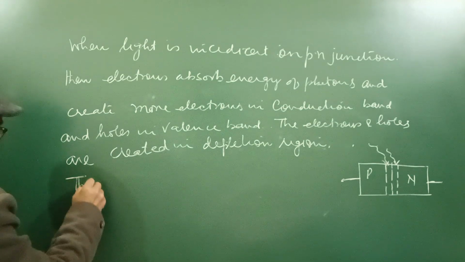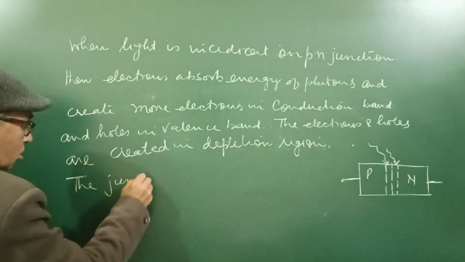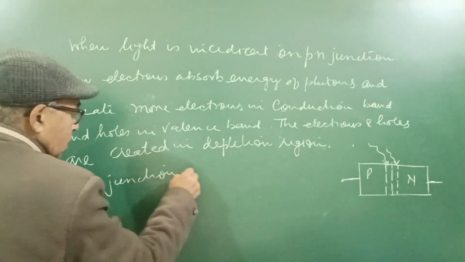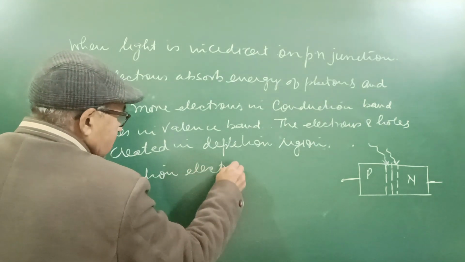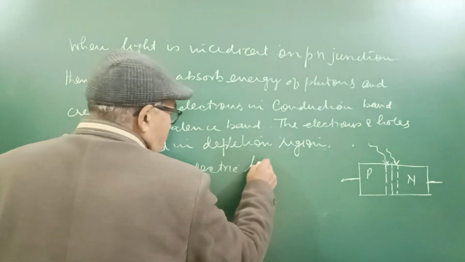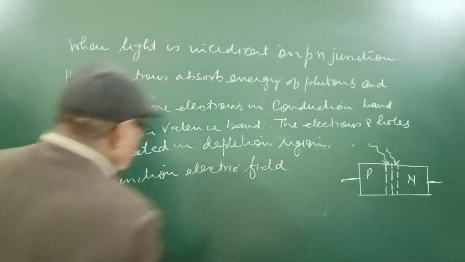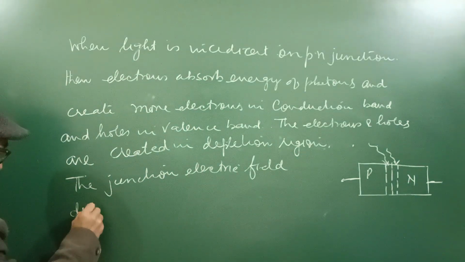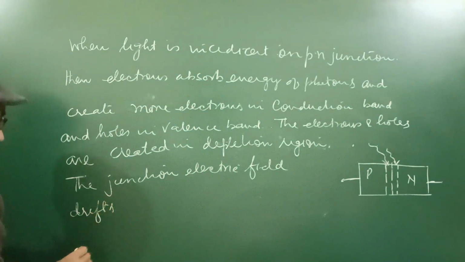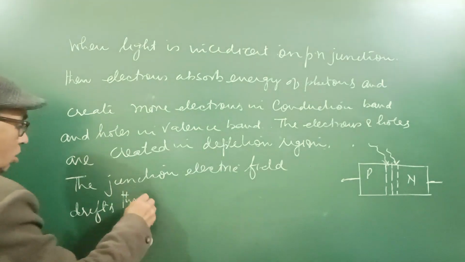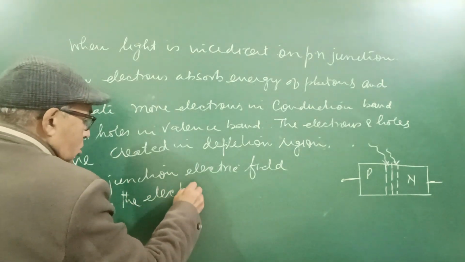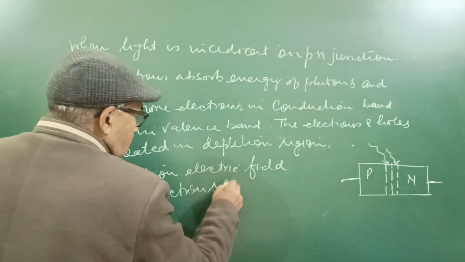The junction electric field drifts the electrons and holes.